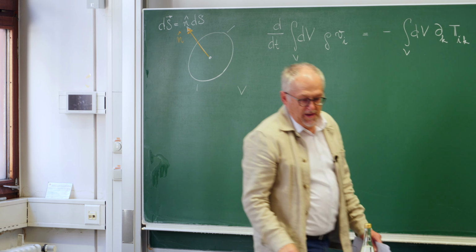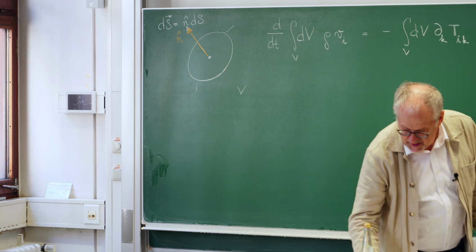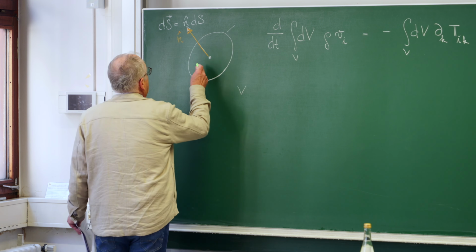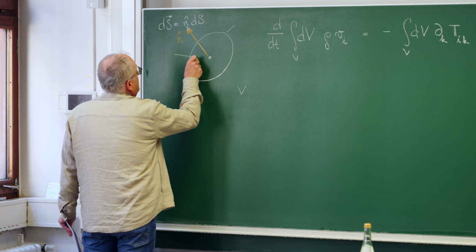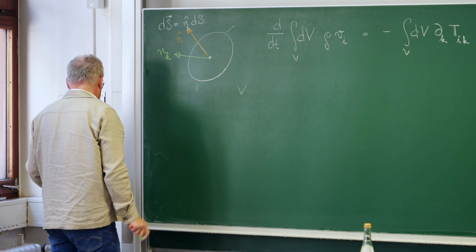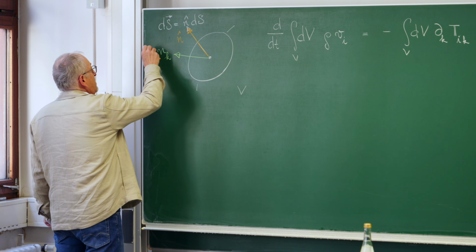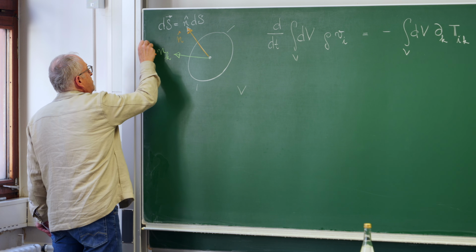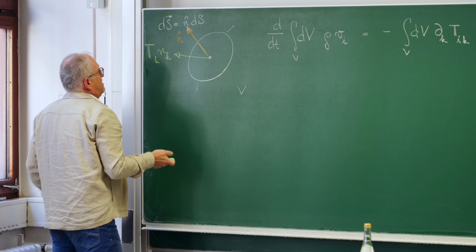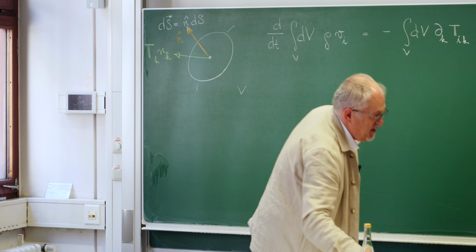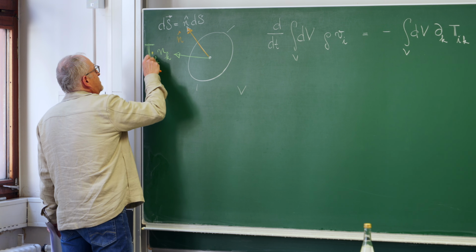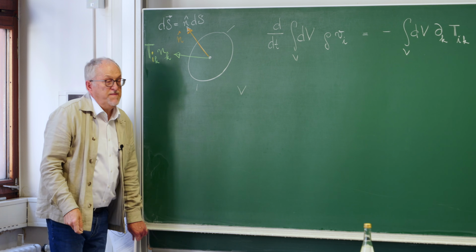Then I can have a certain component of that normal vector, let's call this n_k. And then I'm multiplying this with Π with the index k, and here I denote this with the index i.